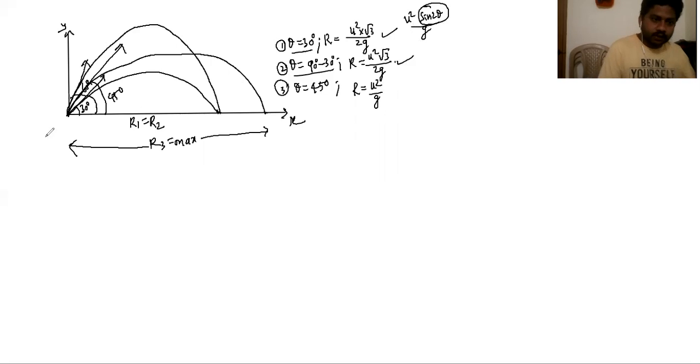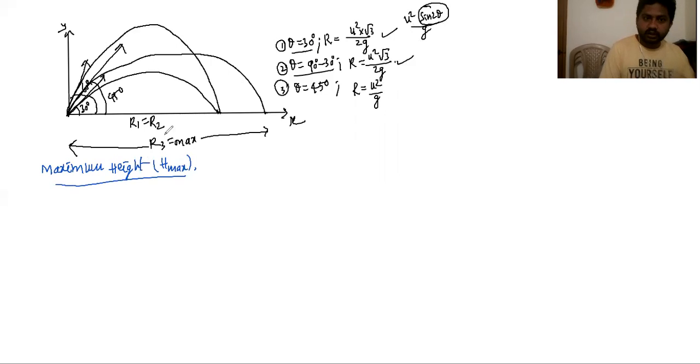All right. So now we are concentrating on an expression called maximum height. What is that? As its name indicates, maximum height, we need to concentrate on vertical motion.